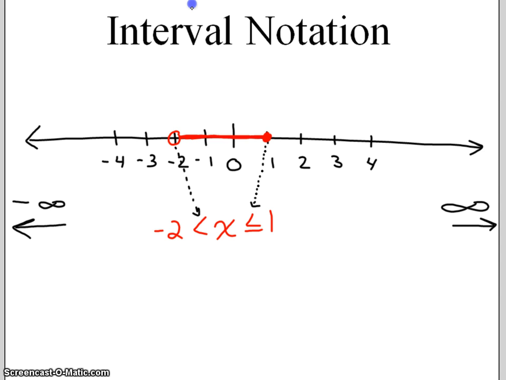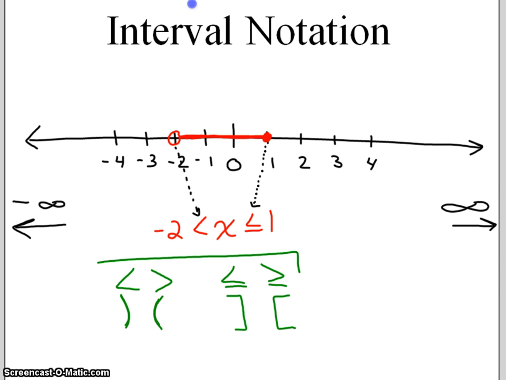The only difference that interval notation makes is the symbols: less than or greater than gets parentheses, while less than or equal to, or greater than or equal to, gets square brackets.